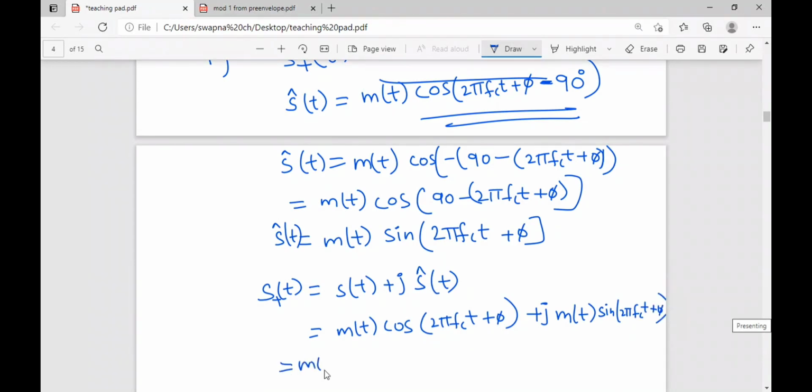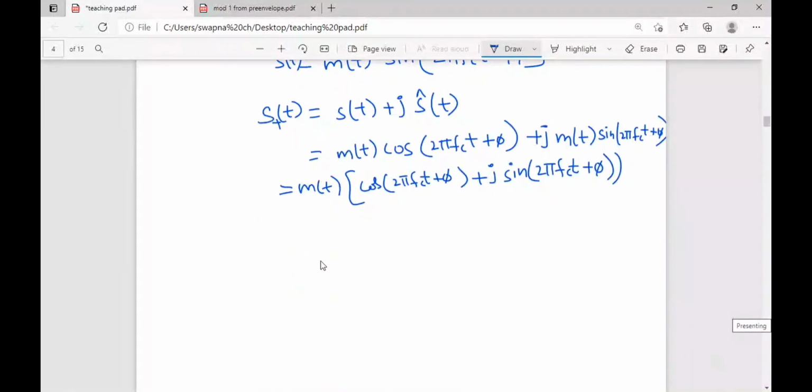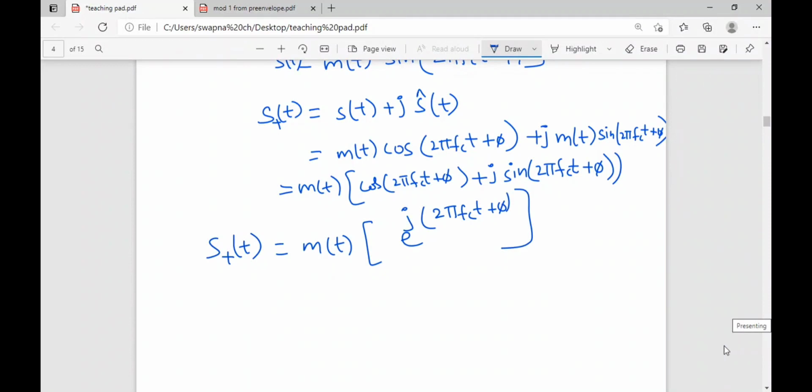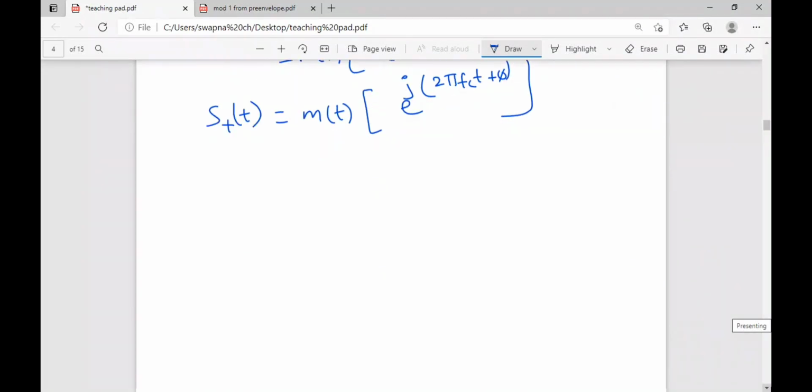So this is equal to m of t, I'll take common from both the terms, so it will be cos 2 pi fct plus phi plus j sin 2 pi fct plus phi. You already know cos theta plus j sin theta you can write as e power j theta, so e power j into 2 pi fct plus phi. So this is S plus of t.